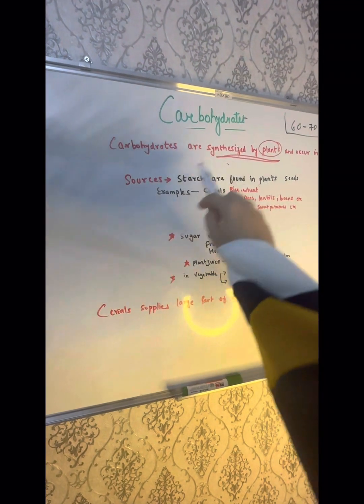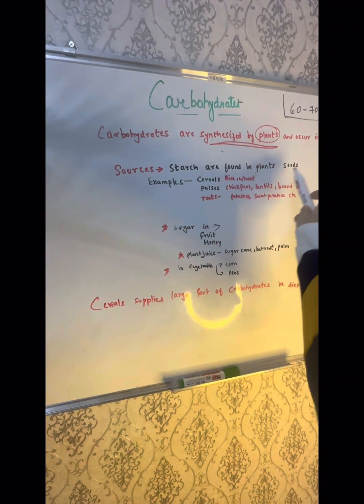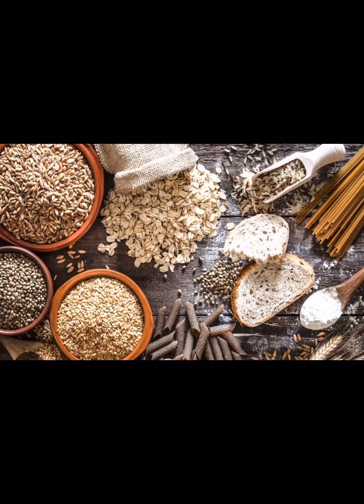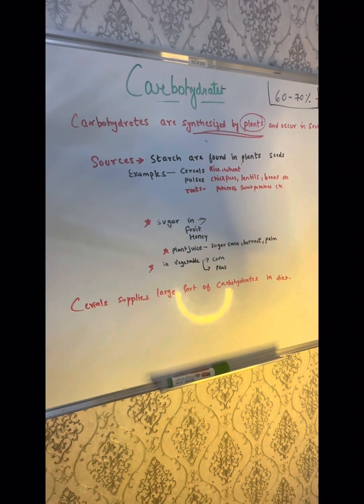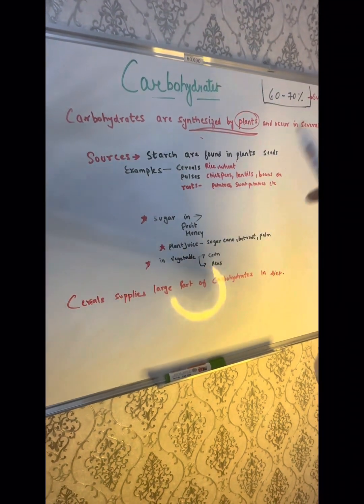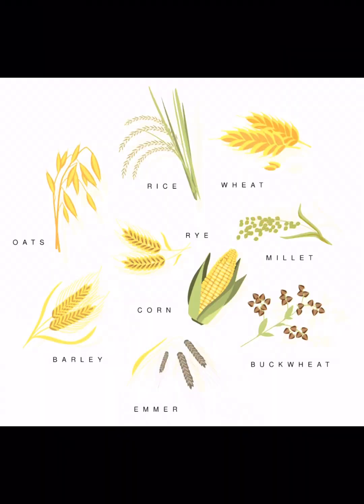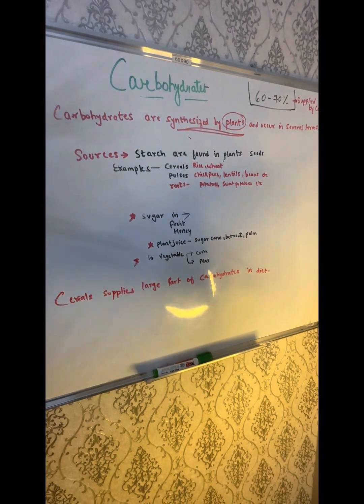Here we'll see the sources. Starch is found in the plant seeds. Example: cereals, rice and wheat. Wheat means any products of the wheat like bread or the chapati.